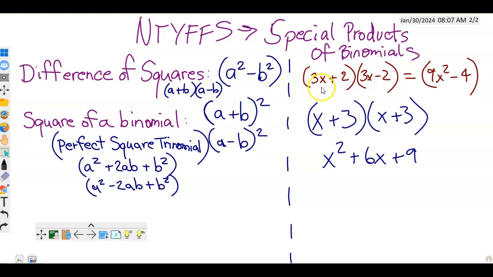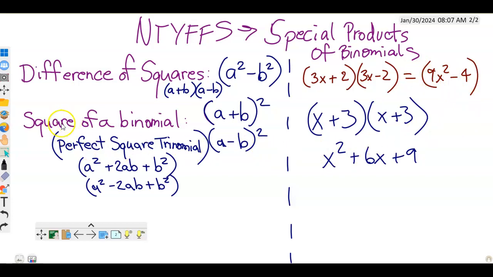And here is a numeric example of this type of special product, okay? 3x plus 2 times 3x minus 2, and look what it equals, 9x squared minus 4. So you could square 2, you could square 3x, and then you could stick a minus sign in between them.